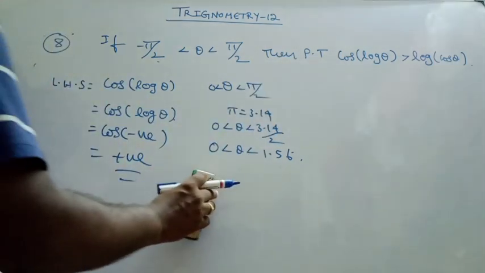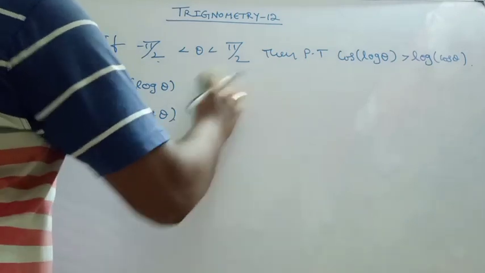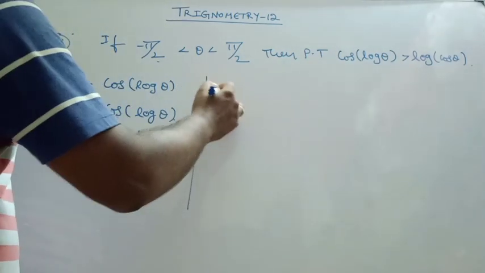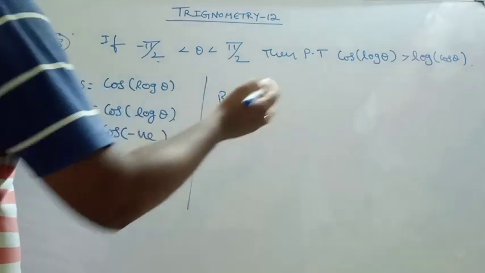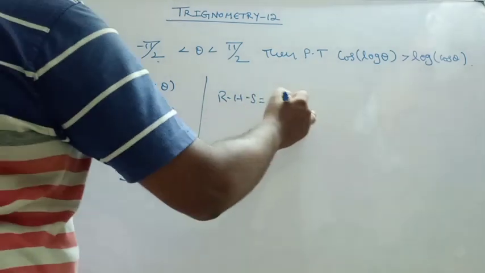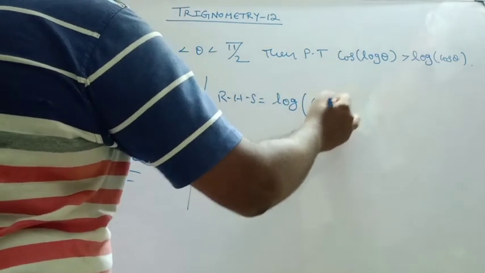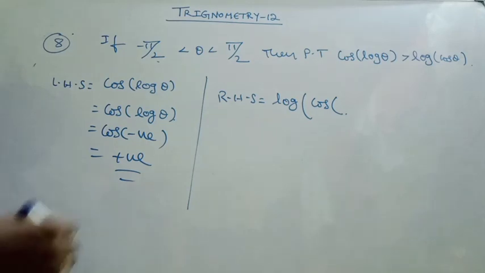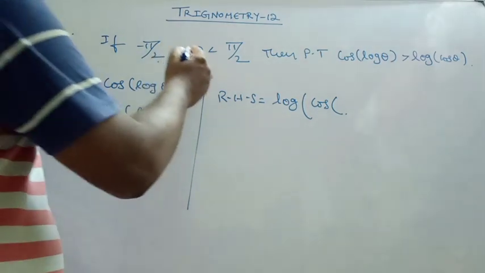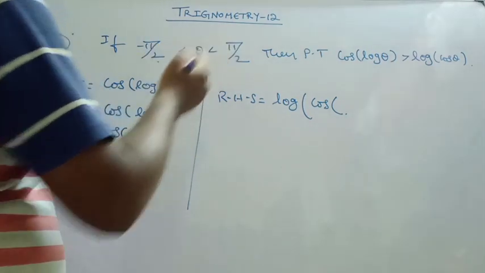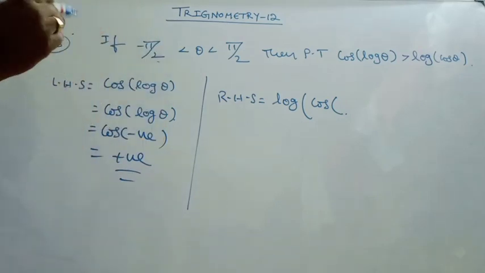Now observe the right hand side part: log of cos theta. My dear students, theta is lying from minus pi by 2 to pi by 2, which means it is in the fourth quadrant and first quadrant.